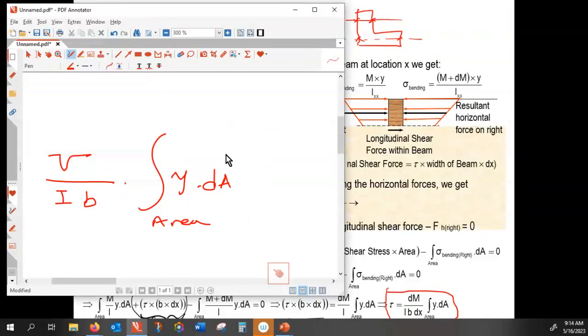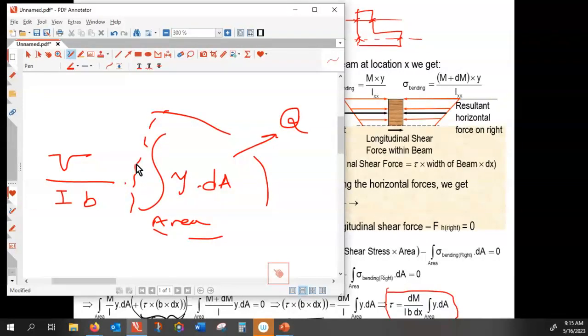So we call this Q. That is a geometrical parameter. I told you that the stress is the function of geometry, load, and material. All right. So this is a geometrical parameter. I is a geometrical parameter. B is a geometrical parameter.